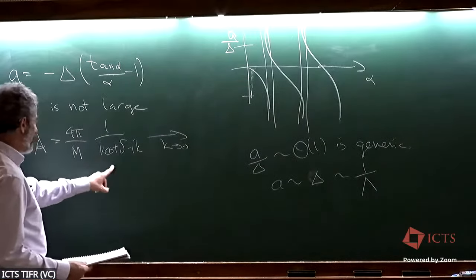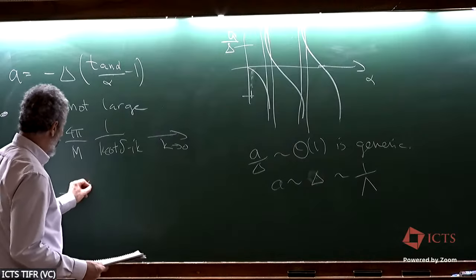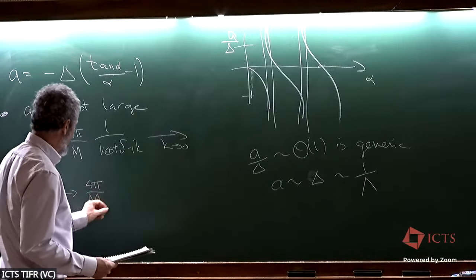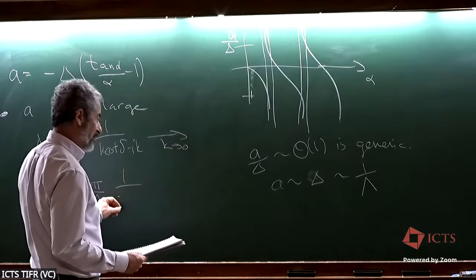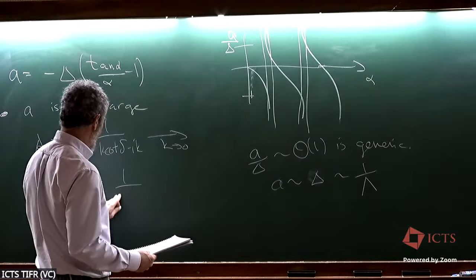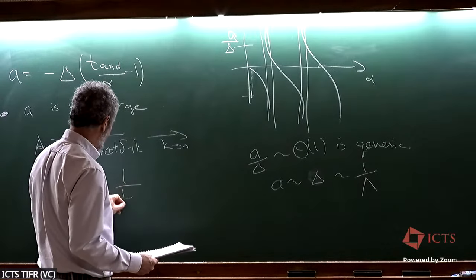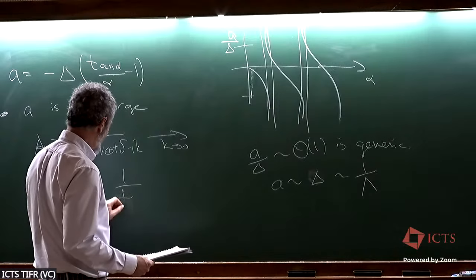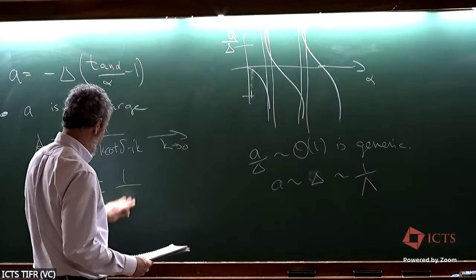So therefore, as k goes to 0, this goes to 4 pi over m, 1 over plus or minus 1 over delta, sorry, 1 over lambda.